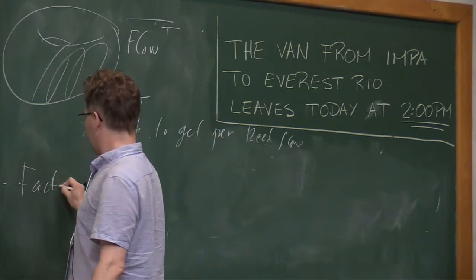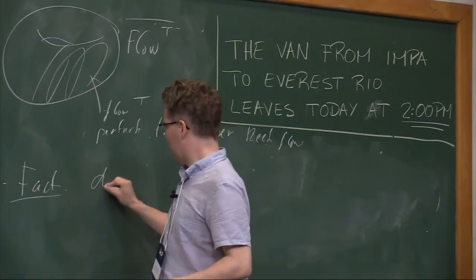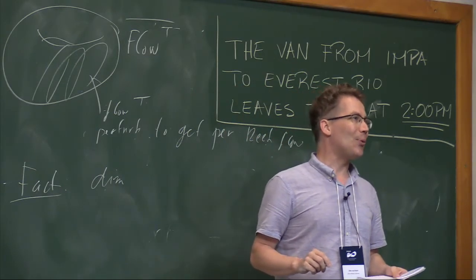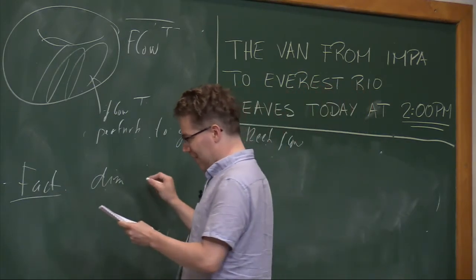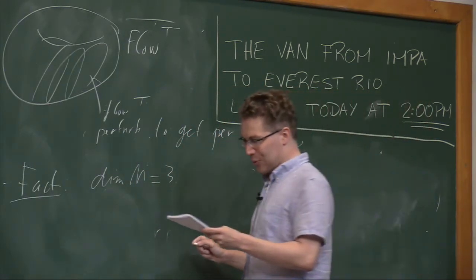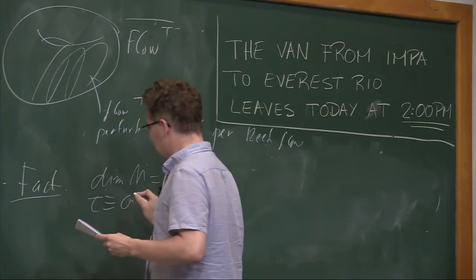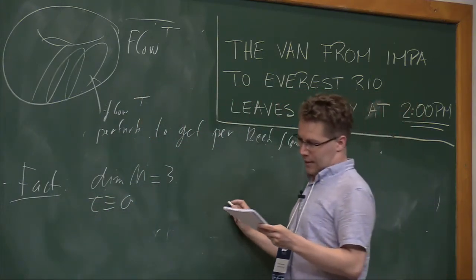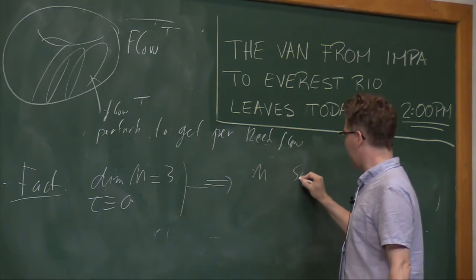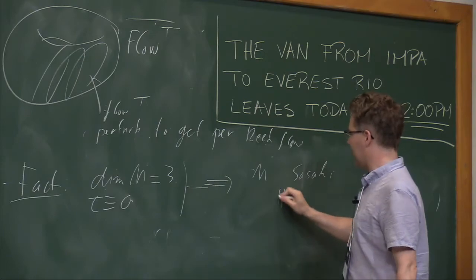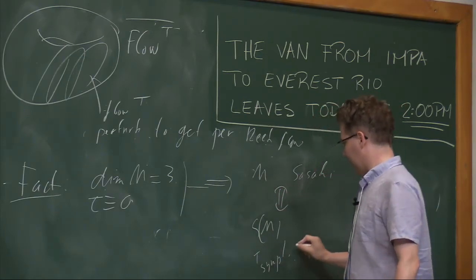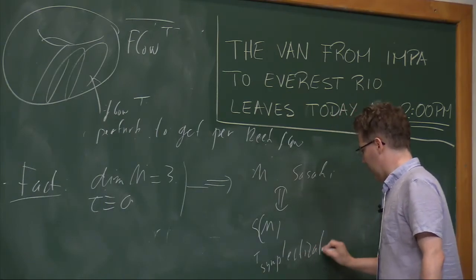And then there's another fact. This emphasizes how special it is for the torsion to be identically zero. If the dimension of the contact manifold is 3, which is the case we will be looking at, and the torsion is 0 everywhere, then M is known as Sasaki, which basically means that the symplectization is Kähler.